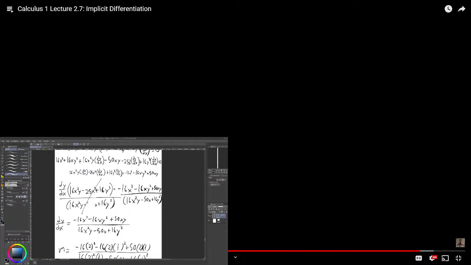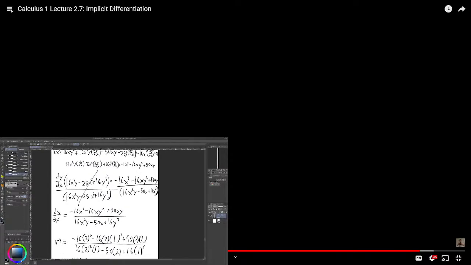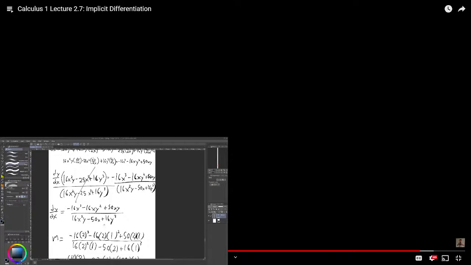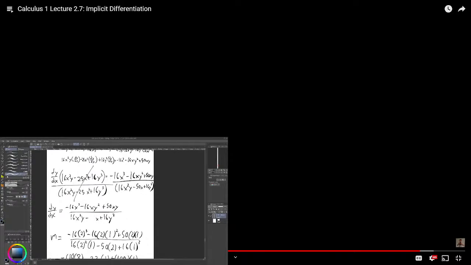So close to it, dang. 25x squared. 25x squared.